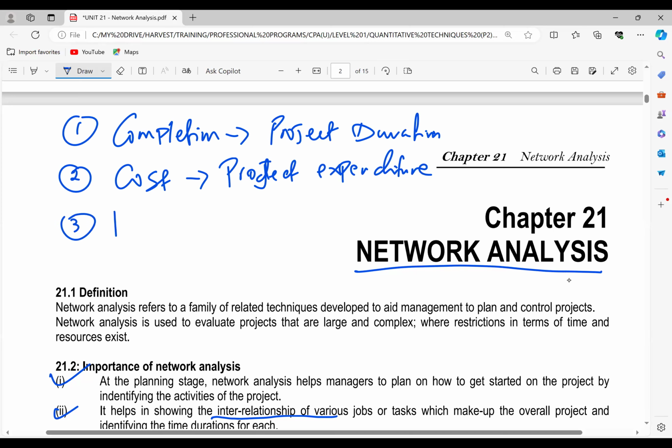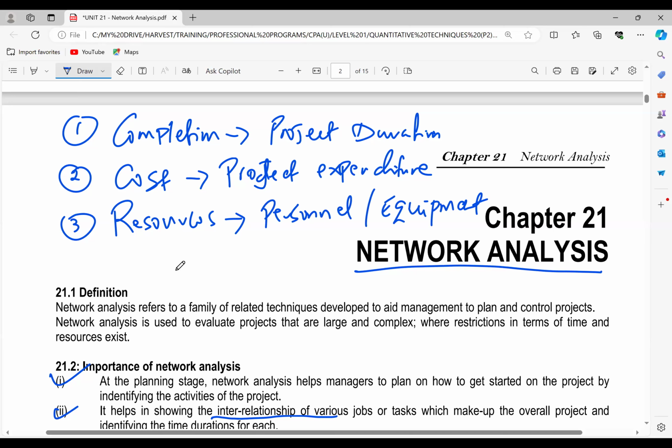And then the resources, which is the personnel and equipment, or manpower for that matter. Completion, cost, resources. So this is what this tool helps us. So it's a very, very powerful tool out there for managers that are looking at these projects.